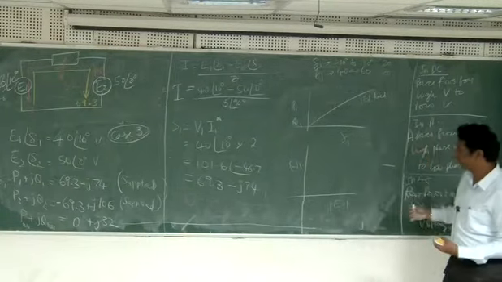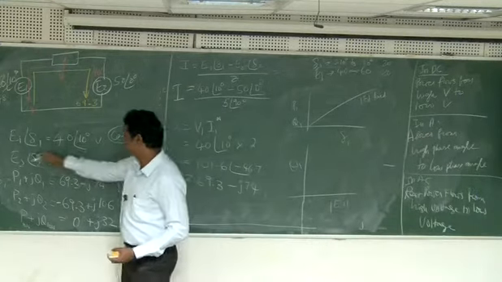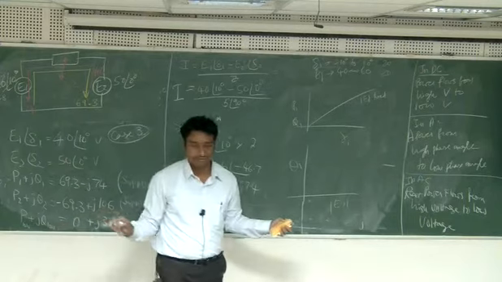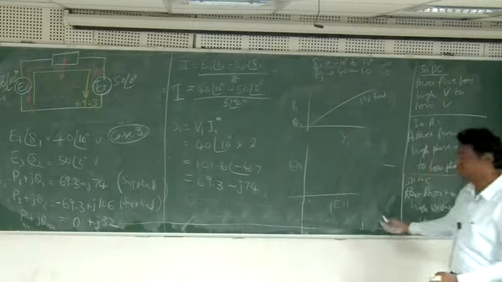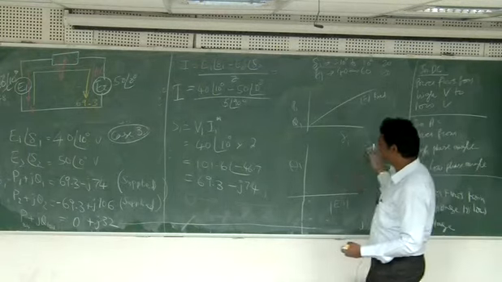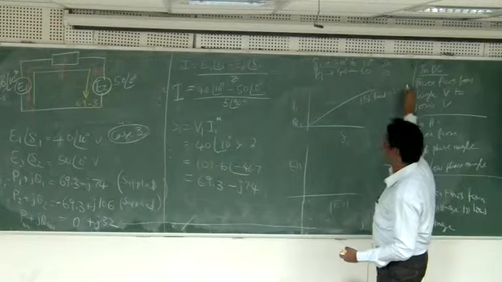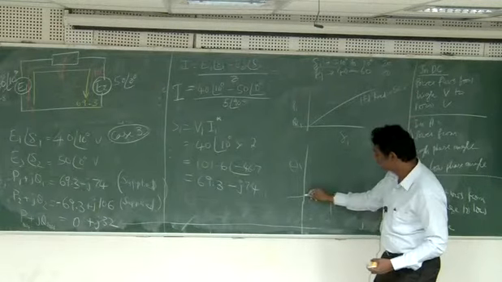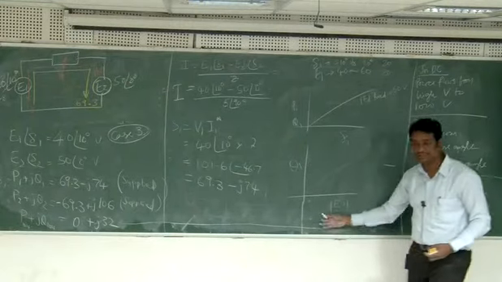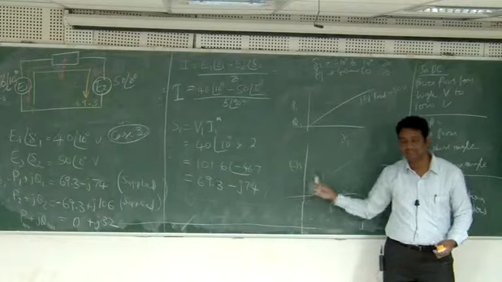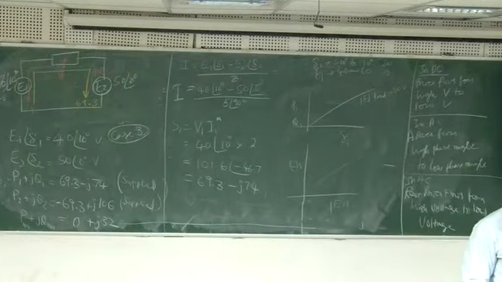Fix the delta. So delta 1 maybe you fix to 0 degrees. Delta 1 is 0, delta 2 is 0, so there won't be much active power flowing. Just vary the magnitude of E1 and try to see what happens. So here E1 is fixed maybe at 50 volts, and you can fix delta 1 and find out the relation between E1 and Q1. The more E1 is there, the more Q1 it is supplying. So maybe it's like that. Okay, try to find out that relation.